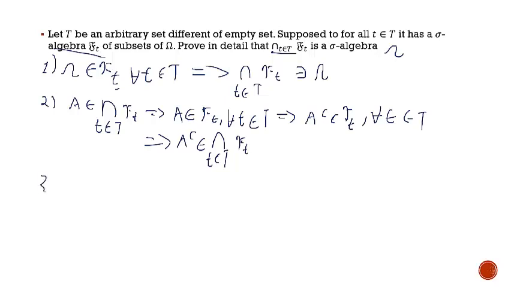Number 3. This is a sequence of events, a subset of this intersection.